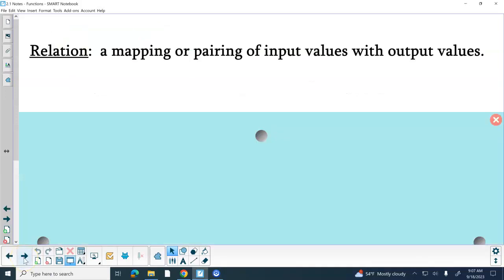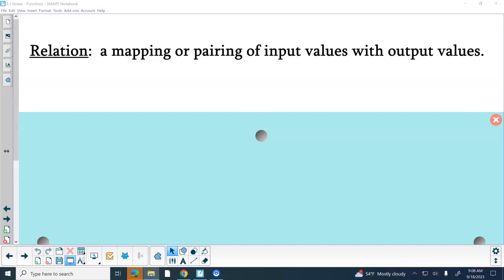Okay? So a relation is a mapping or a pairing of input values with output values. Okay? So it's a relation that matches inputs to outputs.